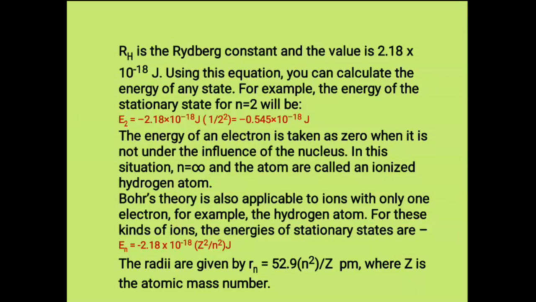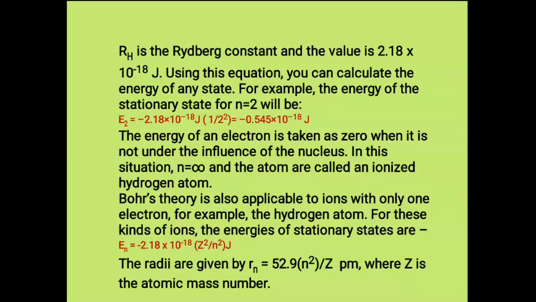So we have to take the square of the atomic number. And similarly, the radii equation can be modified. Rn is equal to 52.9 n square upon Z. So 52.9 is the radius of the first shell of hydrogen and Z is the atomic number.